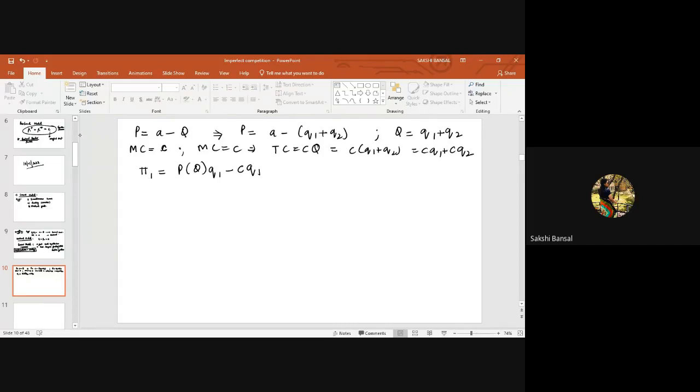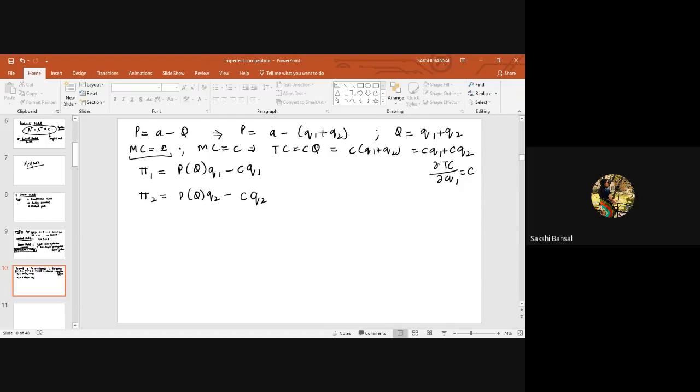If you differentiate total cost with respect to Q1, you will get C. So the answer is matching. Similarly, the profit function of firm 2 will be like this.